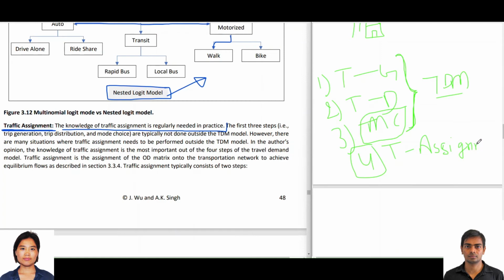So traffic assignment is a very good concept to know and understand deeply so that we do a good job at other aspects of traffic operations as well. So traffic assignment helps within the TDM and outside of TDM, so in general traffic ops.